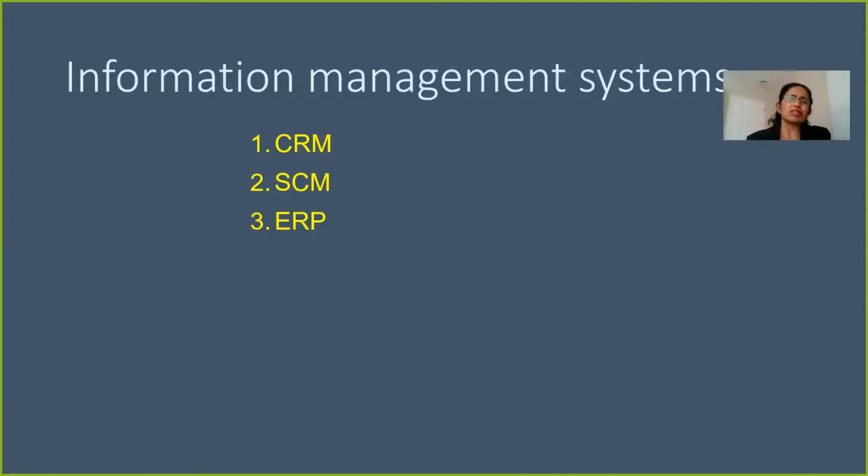And not only students, they also have the staff and other stakeholders. What about the library information management system? That's another one. They are all under one roof, which is called enterprise resource planning.